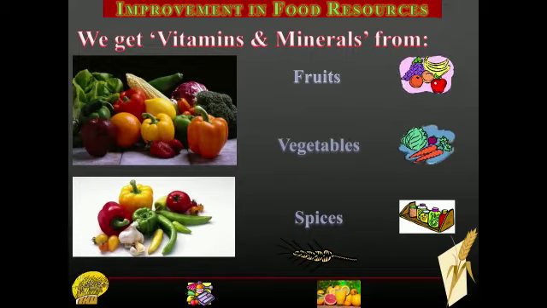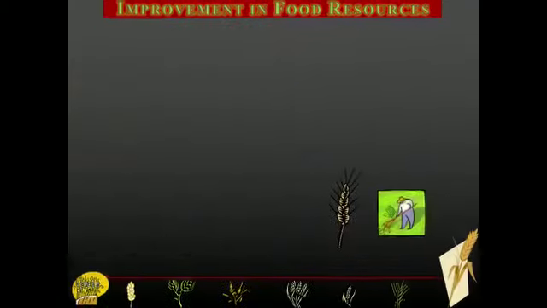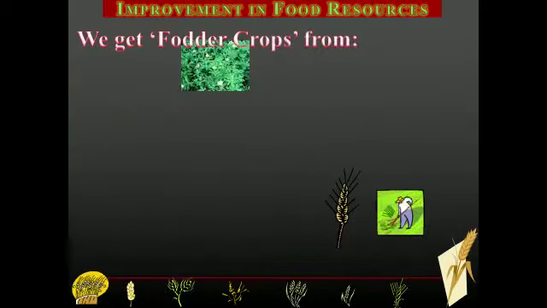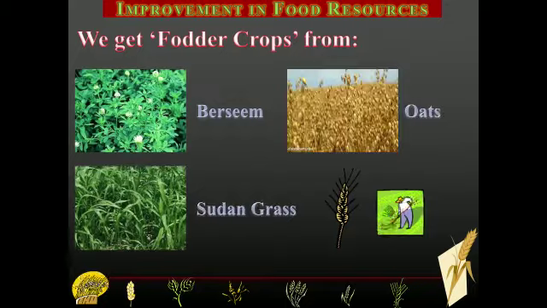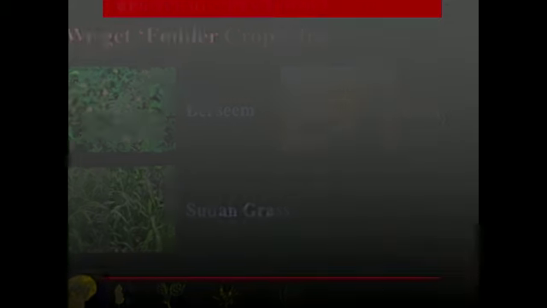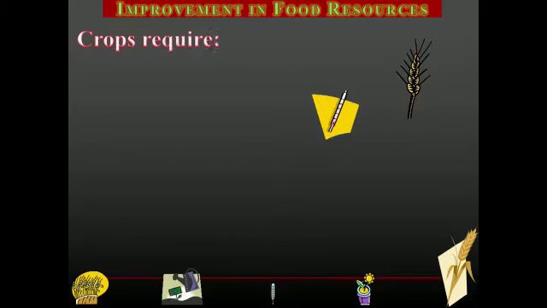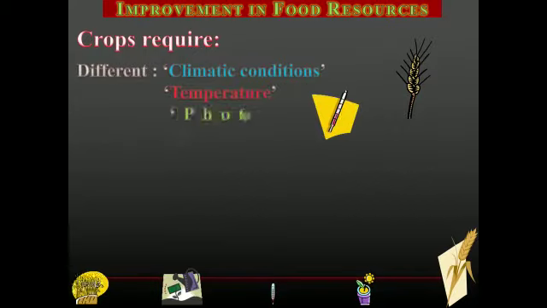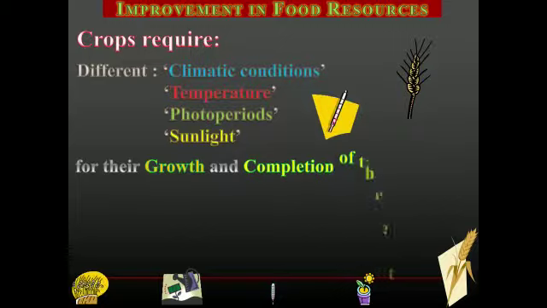Now we have talked about why we require all these things, but what do crops require in return? Crops require different conditions like different climate conditions, temperature, photo period, sunlight, and all these things are required for their growth and completion of life cycle.